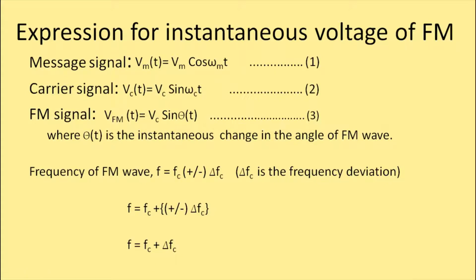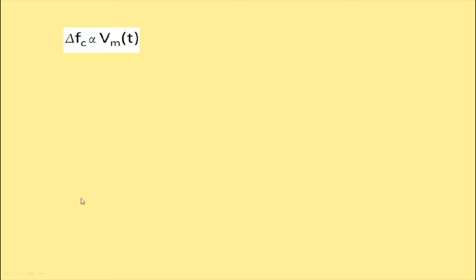And in our previous discussion, we also saw that this delta Fc is directly dependent on the amplitude of the message signal. So that means I can represent it as delta Fc is directly proportional to Vm of t, where Vm of t is nothing but the message signal, and that was represented as Vm cos omega mt. So I'm doing that substitution for Vm of t.